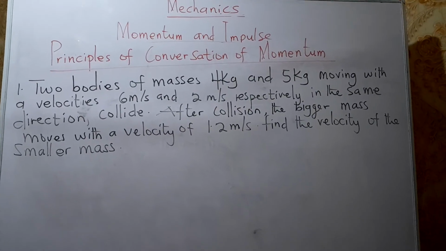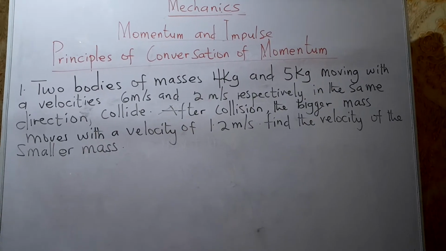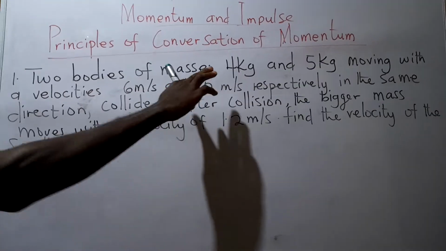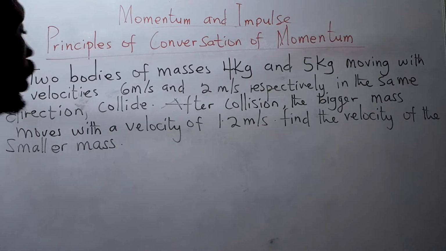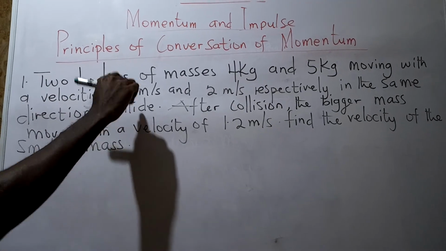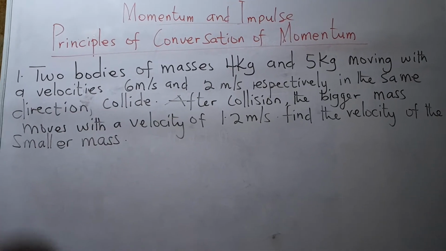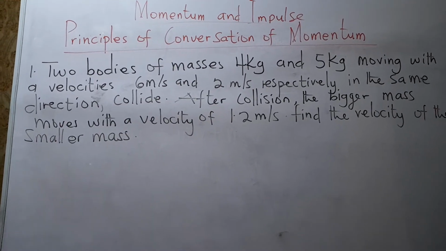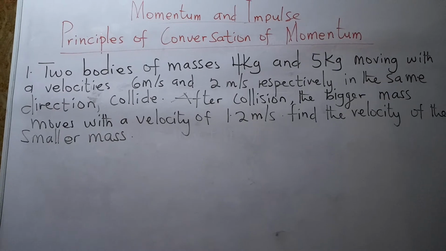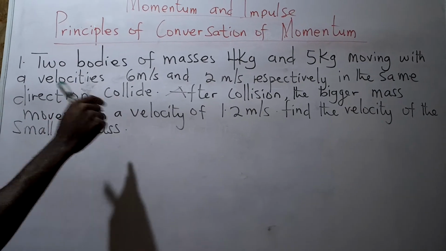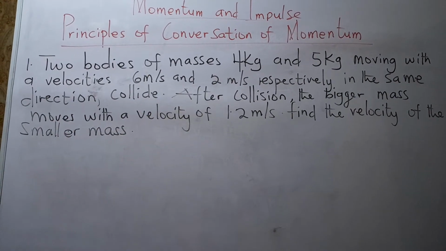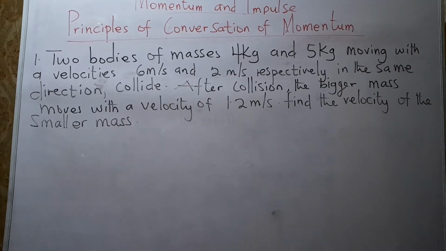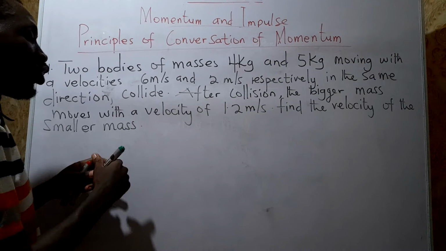So now I want to see some sample questions on the principles of conservation of momentum. First, they say two bodies of masses 4 kg and 5 kg move with velocities 6 meters per second and 2 meters per second respectively in the same direction and collide. After collision, the bigger mass moves with a velocity of 1.2 meters per second. We should find the velocity of the smaller mass. So let's put this into a diagram first.